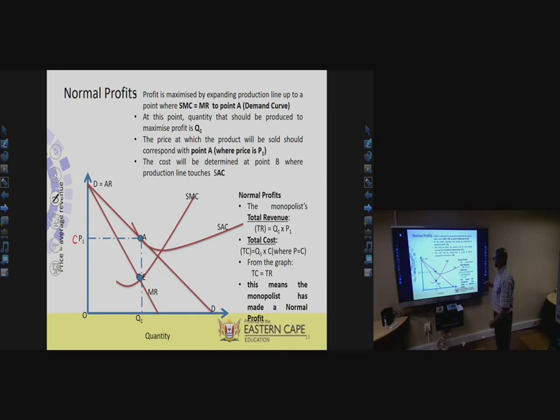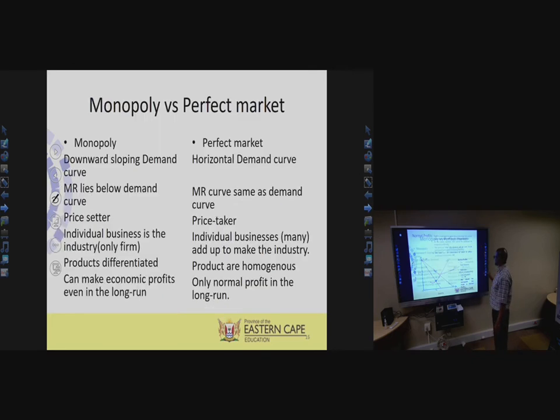That is a normal profit, because at that point my total cost is equal to the total revenue, as I have explained here.